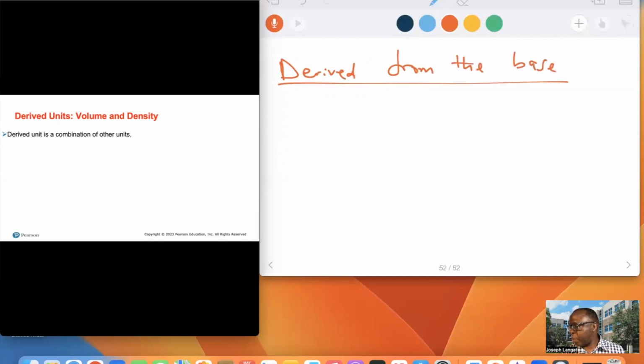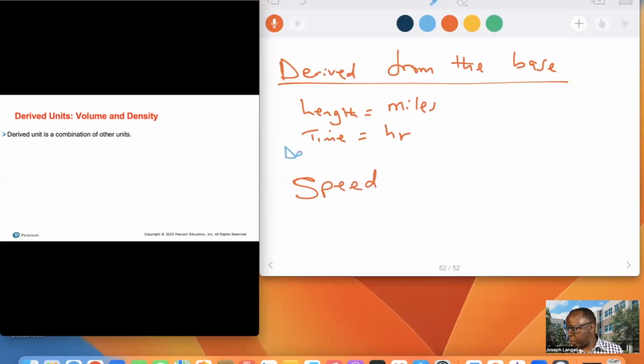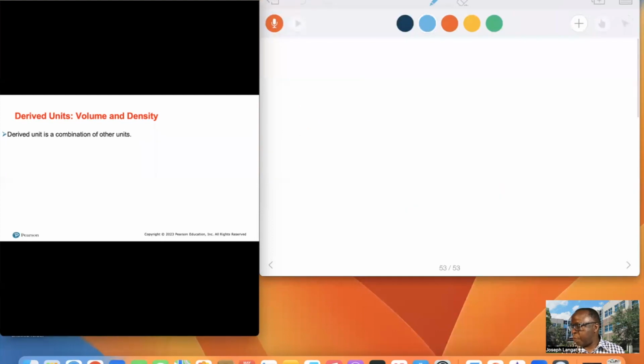Let's say, for example, for length, we use miles, for example. And then time, we use maybe hour. We can derive speed or velocity. Speed is derived: miles per hour. This is a unit which is derived. We also have volume.